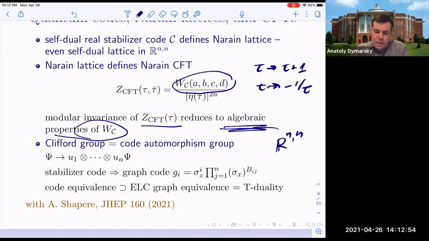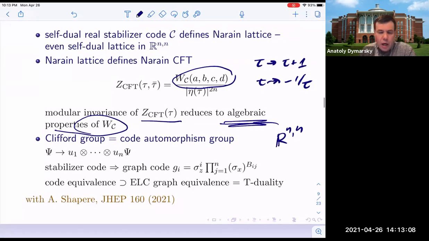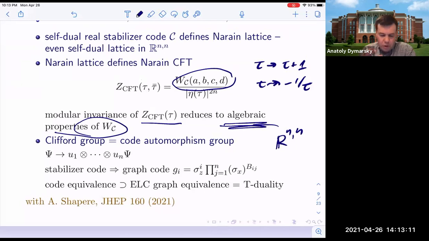The conjecture is that, so let me maybe describe those code CFTs from the point of view of what they are as Narain theories. Apparently you can use T-duality. Let me finish the slide, and while finishing the slide, I will be answering your question as well. If you speak about quantum codes, there is a natural automorphism group, which is related to possible choices of different bases in the Hilbert space of qubits.